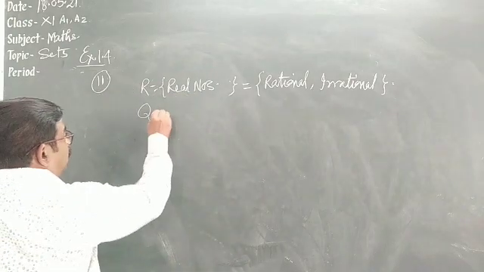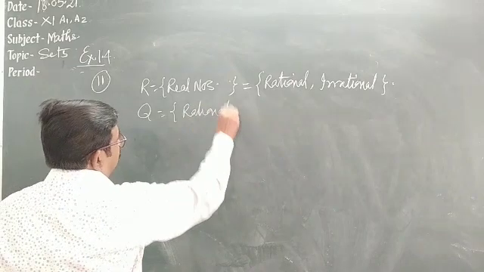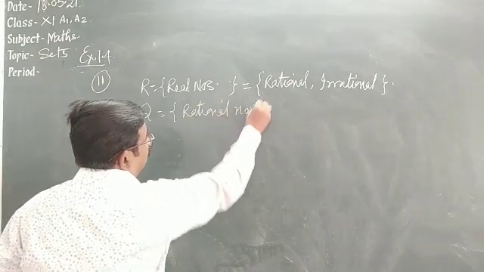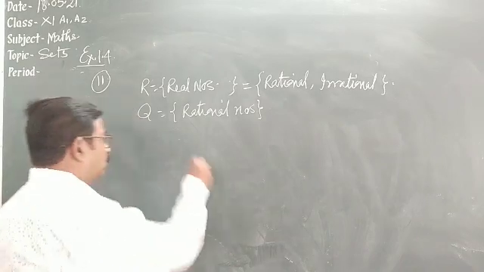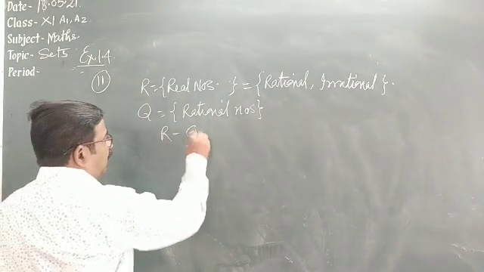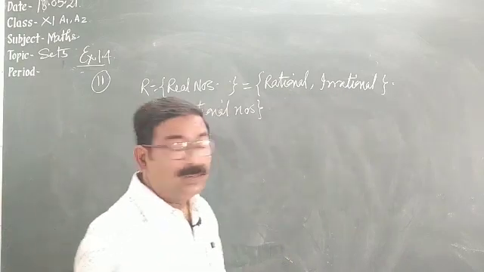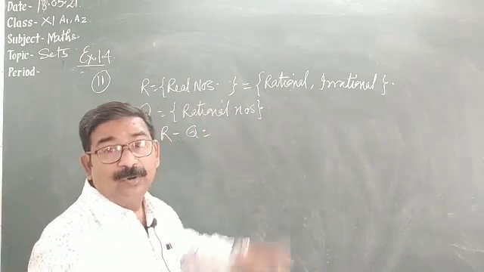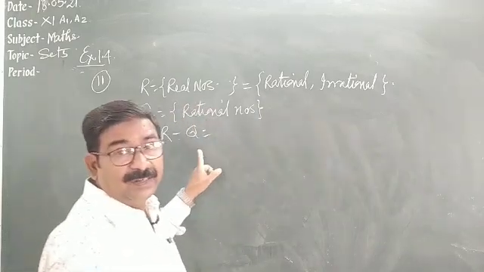And Q is a set of rational numbers. So what is R minus Q? See, here we have rational and irrational. Here we have rational. So what are the elements in this set which are not found in this set?